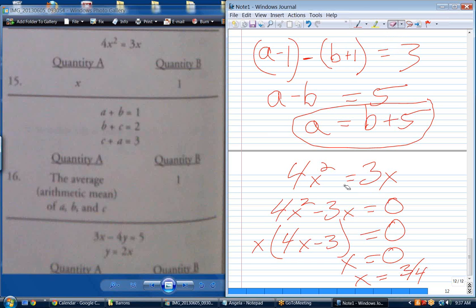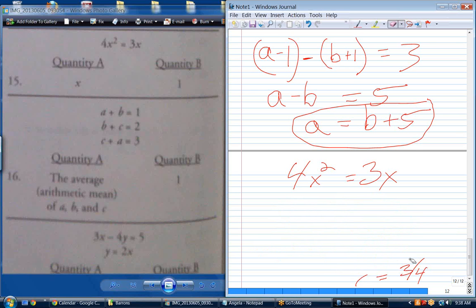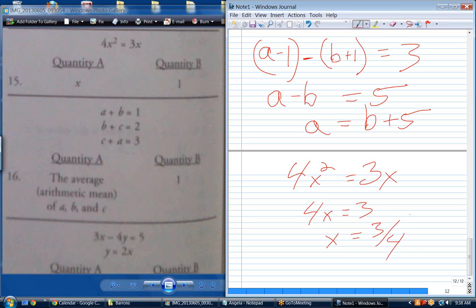Let's go back, however, to this step here. I hesitate whether to even tell you this because it's not mathematically correct to do it, but it is a shortcut. If I divide both sides by x, I get this, and I get this immediately. And immediately I know quantity b is bigger.